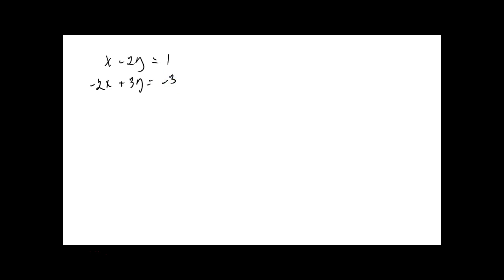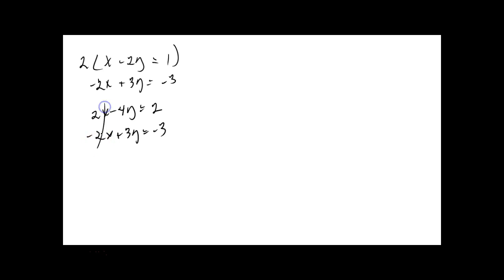Now, the easy way to solve that is multiply the top equation by 2 and add to the bottom, right? So let's do that. 2 times the top and add it to the bottom. So that would be 2x minus 4y is equal to 2, and minus 2x plus 3y is equal to minus 3.